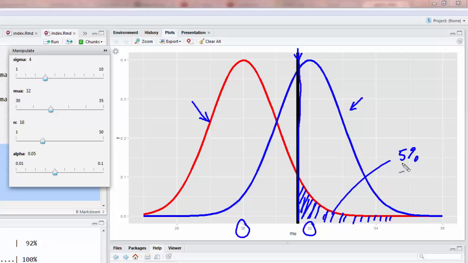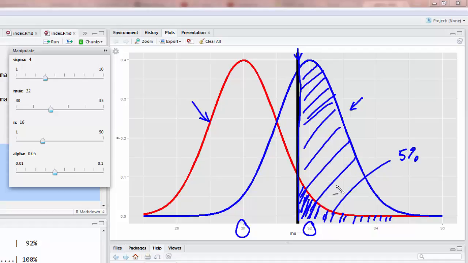Now, power is nothing other than the probability of getting larger than this line, which is calibrated to have this area under the red curve be 5%, the probability that we reject if in fact the blue curve is true. That's the power. Here's 1 minus the power, or the type 2 error rate.